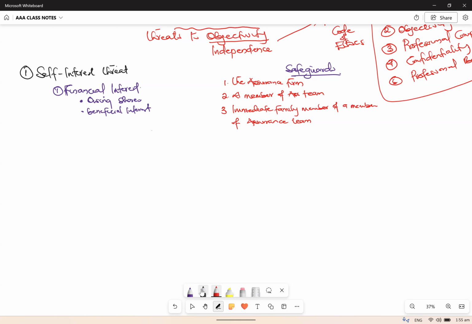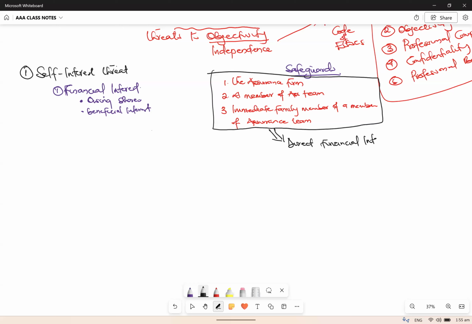Now look at this. This set of people are not supposed to have direct financial interest, nor indirect material financial interest.